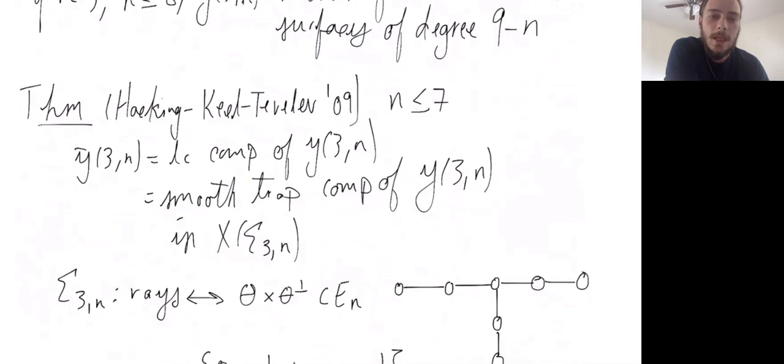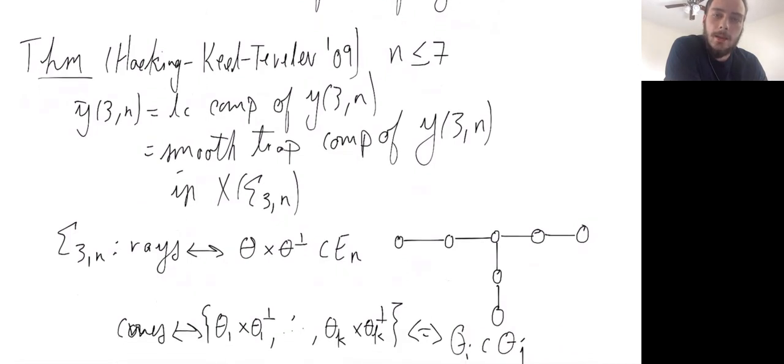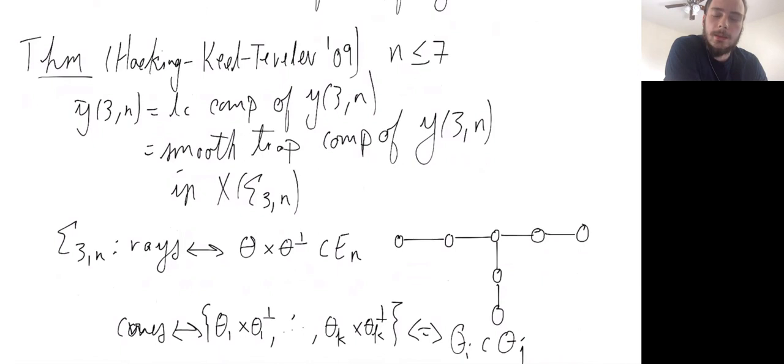I'm low on time, so I won't go into the details of this compactification. I will just note that it is a smooth tropical compactification, and it is described as the closure in some certain toric variety, which is very explicitly described.